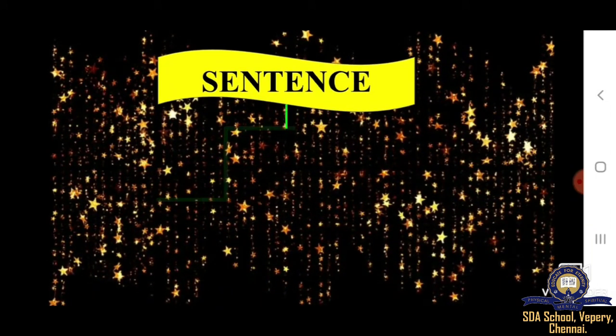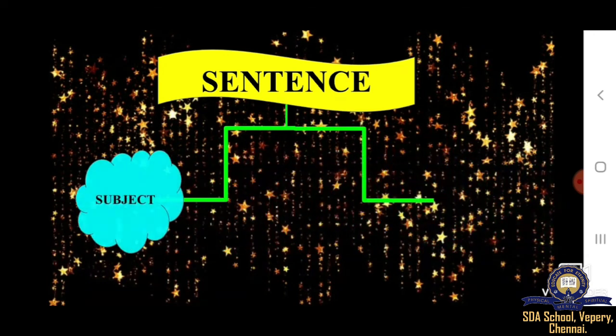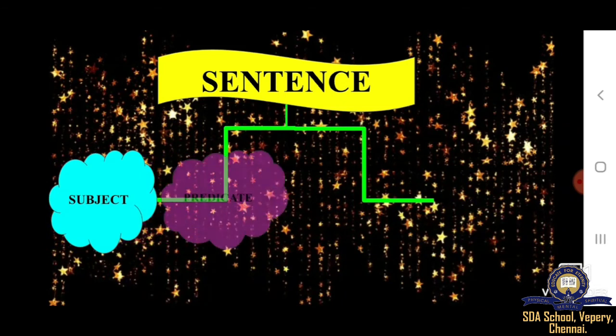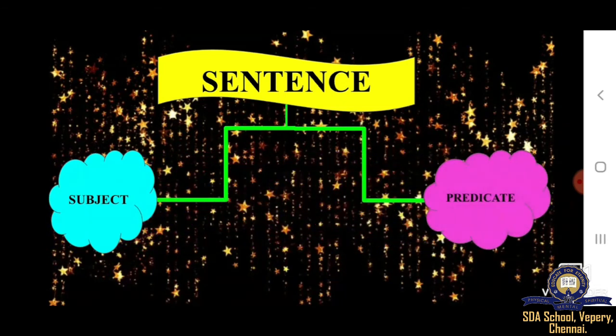In a sentence, there are two parts of the sentence. They are subject and predicate. Children, we know what is subject and how to identify subject. Now let's see what is predicate.